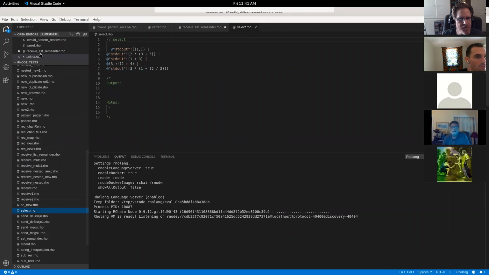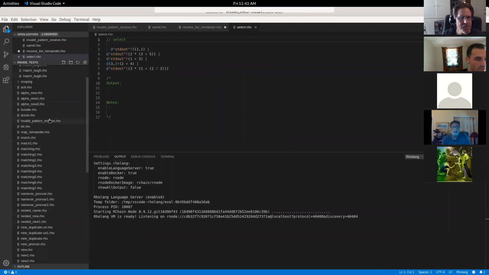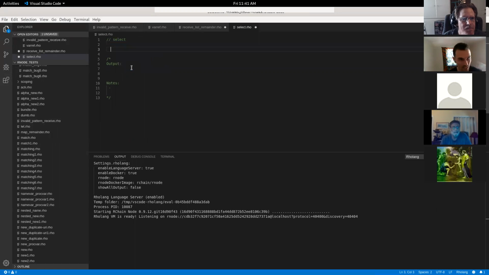Okay, well, I can tell you what I think the notation for select is, and it's not working. And then I have another question after this. So select is like, you use the keyword select, right? And then we put all of our different choices in here, and they're all input guarded, right? So I should have some sort of binding, and then it will be linked with the continuation.